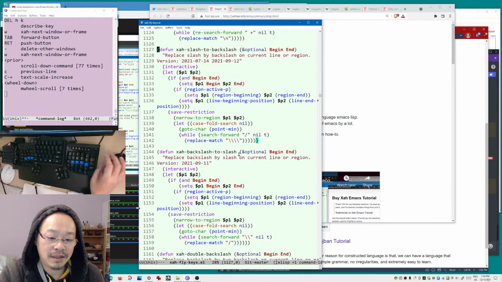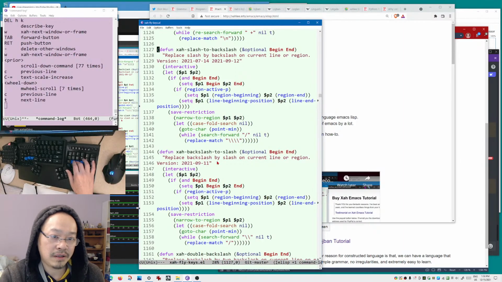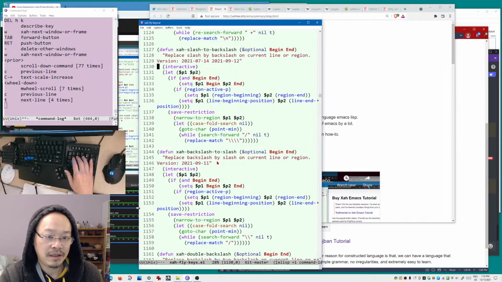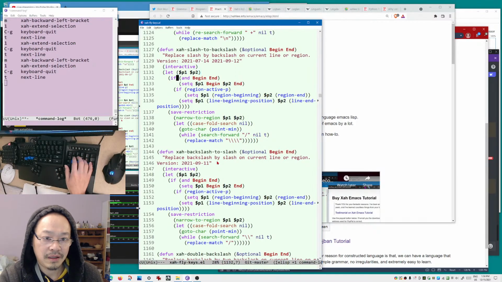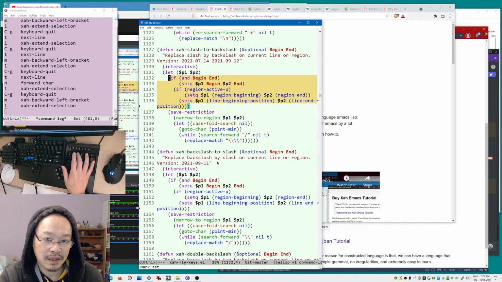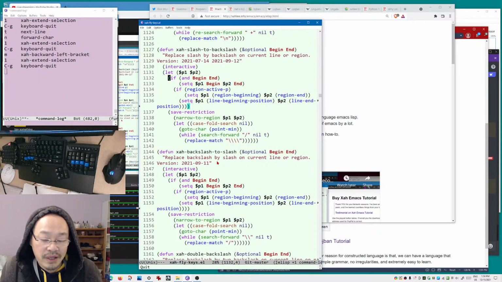The syntax is very, very simple. It's just nested parentheses. You have this nested parentheses, it's all just nested parentheses.